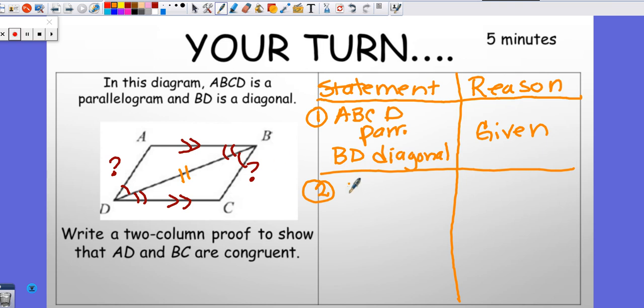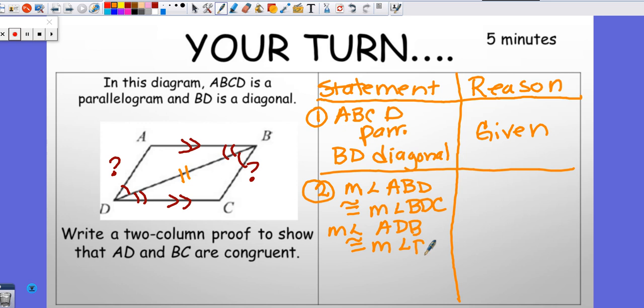I know that the measure of angle ABD is congruent to the measure of angle BDC, and the measure of angle ADB is congruent to the measure of angle DBC, and that is called alternate interior angles.